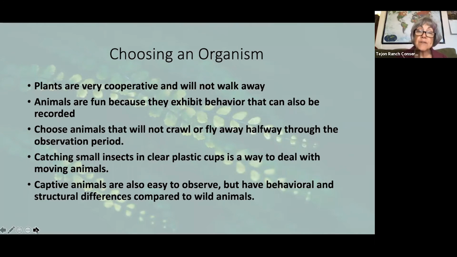However, captive animals, while easier to observe, will display different, unnatural kinds of behaviors, and they won't have that same structural setup as an animal who is in the wild. So, for example, studying your pet dog is not going to be a good thing to study. We want to look at wild things.